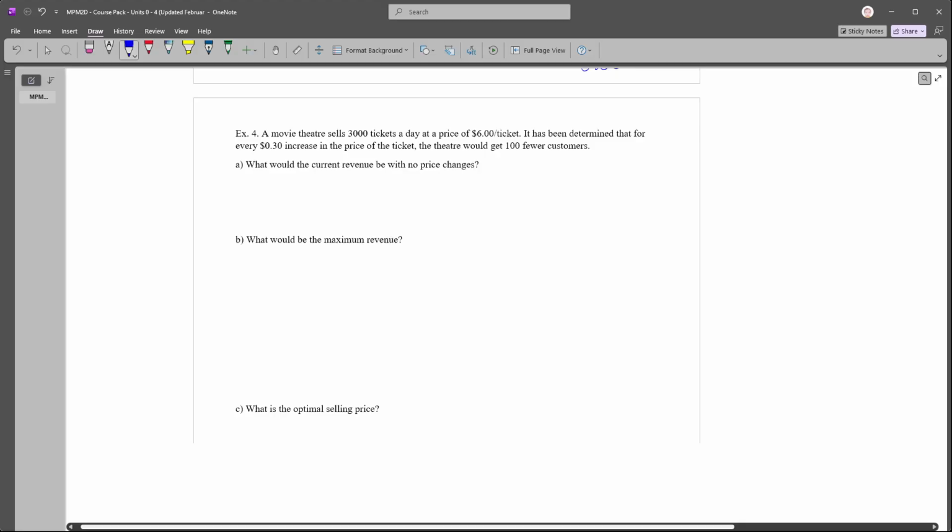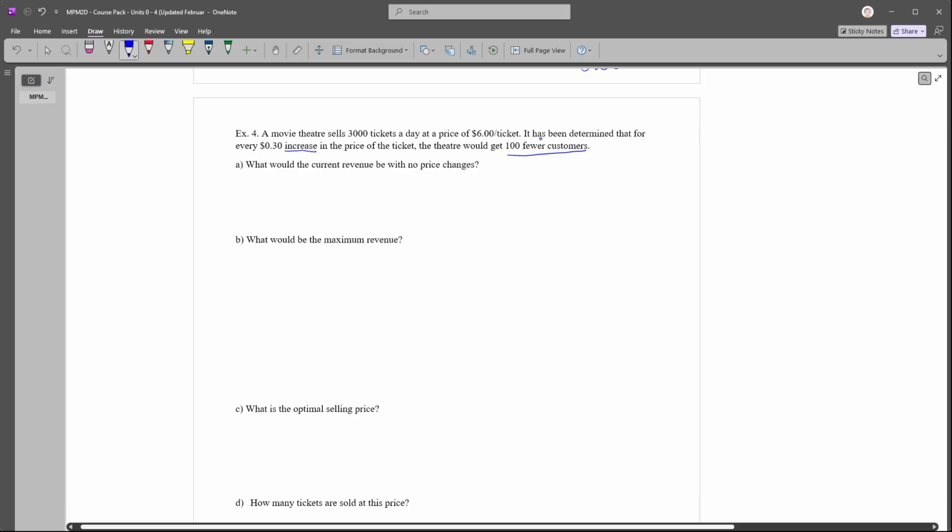Alrighty. So a movie theater sells 3,000 tickets a day at a price of $6 per ticket. It has been determined that for every 30-cent increase in price of the ticket, the theater would get 100 fewer customers. So first of all, we have to understand what is going to be our let statement again.